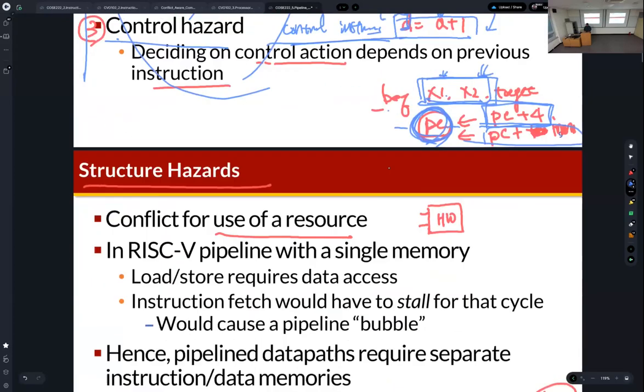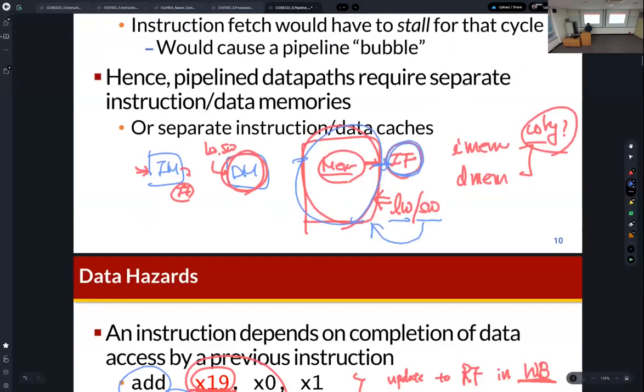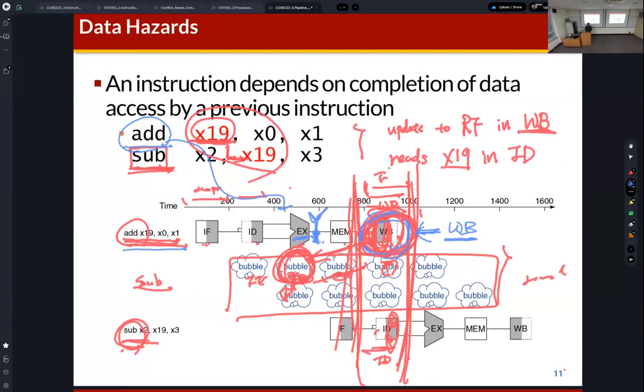Actually, we cannot observe structure hazards in this RISC-V single cycle or pipeline processor, because we divide the memory into instruction memory and data memory. So structure hazards are not observed in the pipeline processor, but we can observe data hazards.